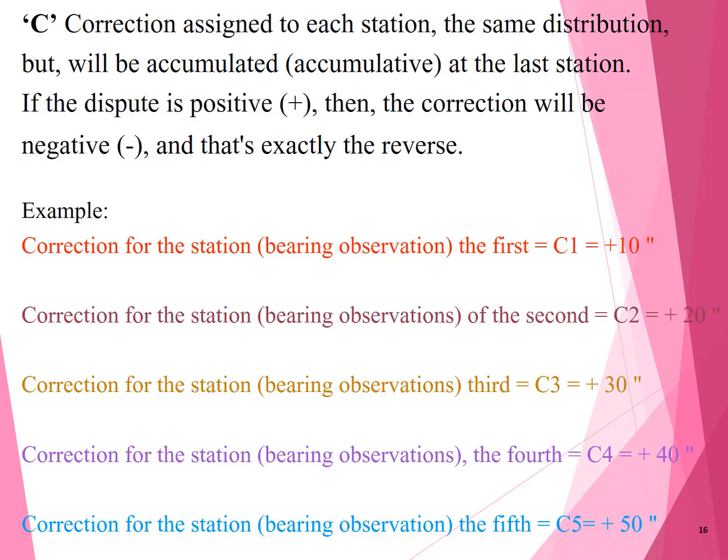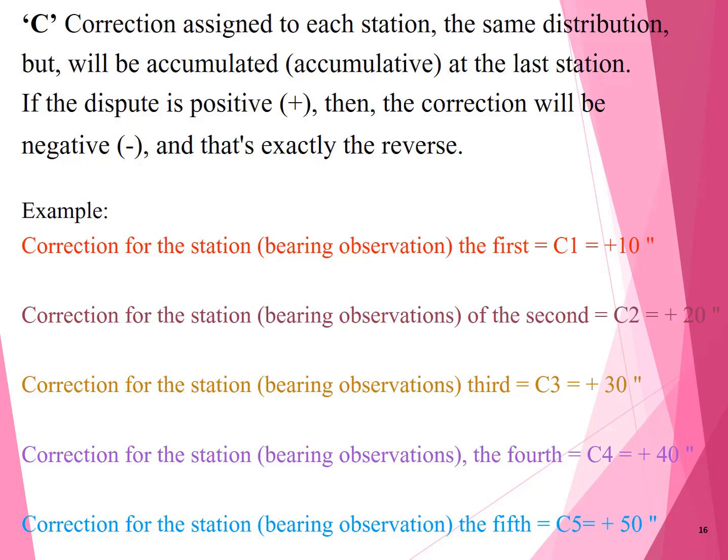The C correction is assigned to each station with the same distribution but will accumulate at the last station. If the dispute is positive, then the correction will be negative, and if negative, exactly the reverse.